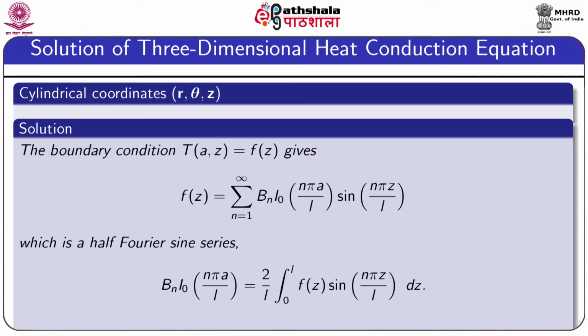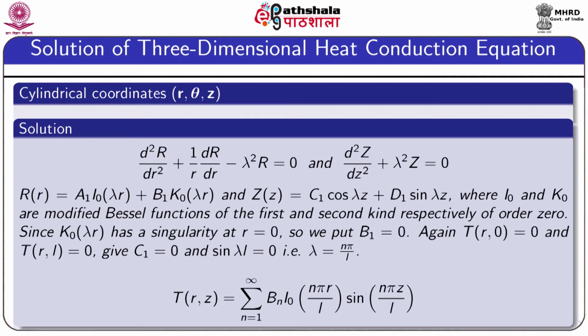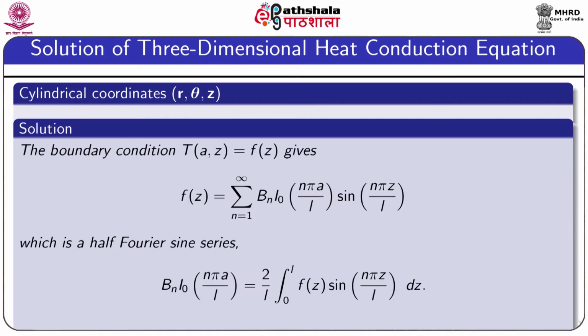Therefore, the solution of this problem is T equals the sum over n of Bn I0(n pi r by L) sin(n pi z by L), where this Bn is given by the equation written in this slide.